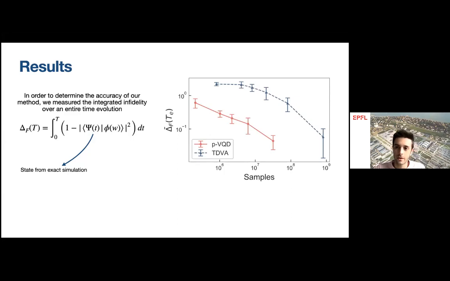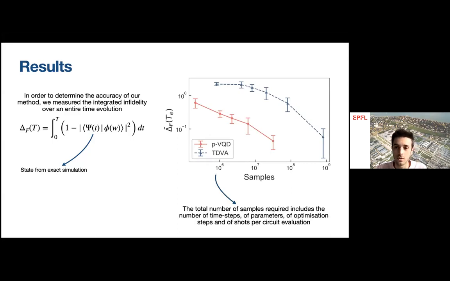And the results were, I think, pretty impressive, because as you can see, at a fixed number of samples, we accumulate about an order of magnitude less error than the previous algorithm. Here, samples indicate everything: the number of time steps, parameters, optimization shots, and so on.